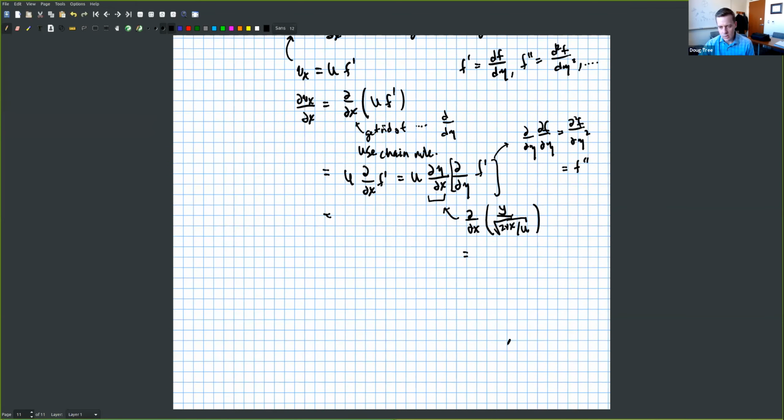So let's see, the y comes out, and I'm going to have 2 nu x over u to the minus 3/2, and then multiply by 2 nu divided by u. Is that right?